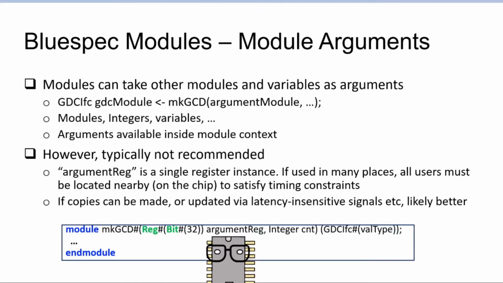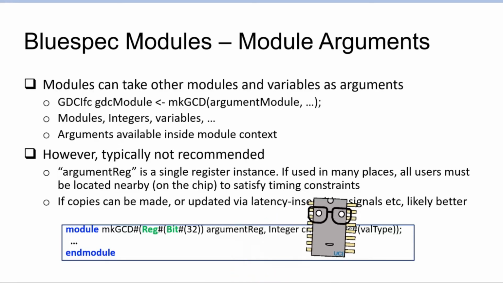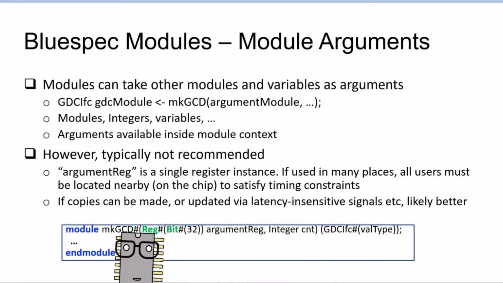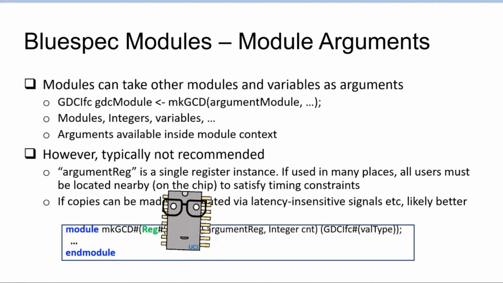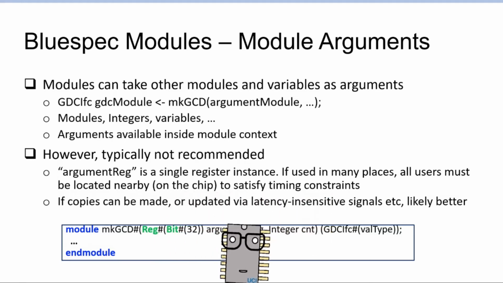When you use it in the context of module arguments, it's very easy to just give this one register to a bunch of different module instances. And if you do that too many times, all users, meaning all of these hosting modules, must be located nearby on the chip physically to satisfy the timing constraints of accessing this register.